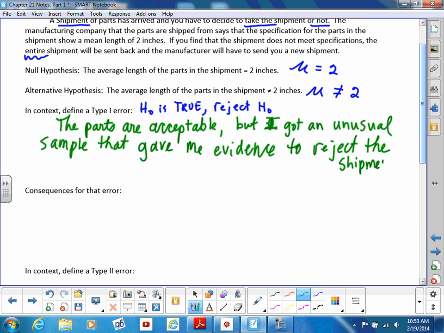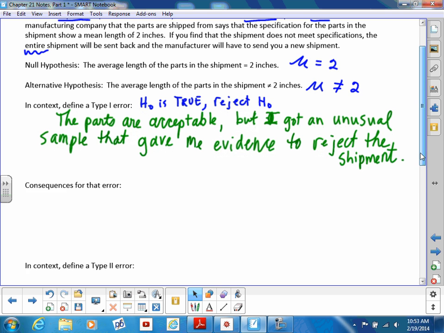Remember, we're doing this in context. So I rejected the shipment. I sent it back to the manufacturer, and they were actually acceptable.